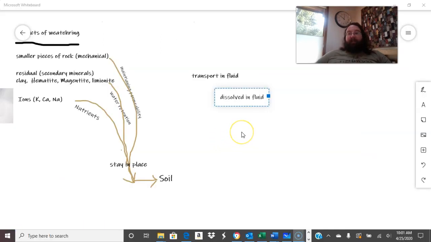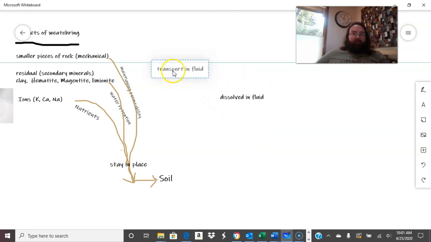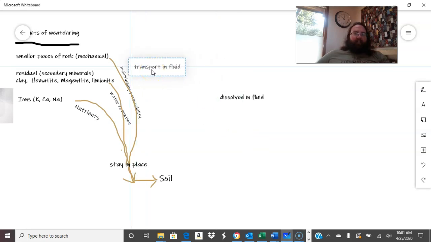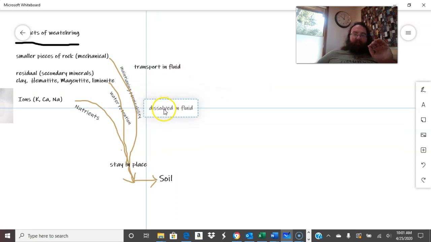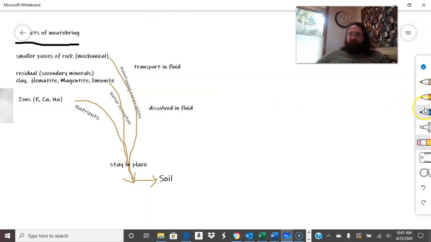And it's these different mechanisms of transport that lead to the development of different classes of sediment. For example, your smaller pieces of rock and your residual minerals are typically transported as particles in a fluid, whereas your ions are typically dissolved in your fluid. So we're just symbolizing this.